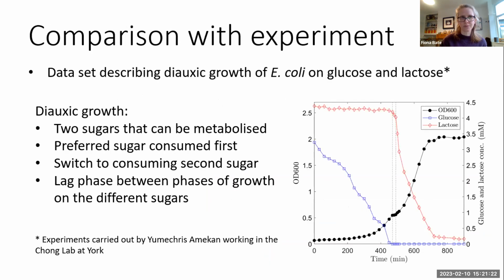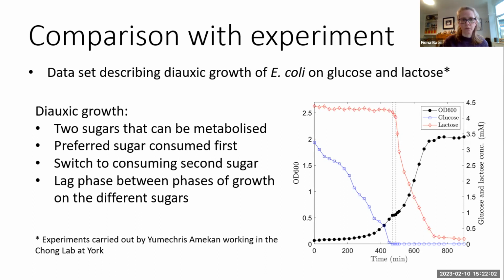It's quite a simple model, but it's relevant to our approach because the data shows an initial lag phase and a diauxic lag phase. So it's showing the lag. So if the model can predict this lag, then it's doing what we want it to do. Okay, so we had a recent data set describing the diauxic growth of E. coli. Experiments were carried out by my colleague, Mickey Amakan, who is in the Chong lab at York.